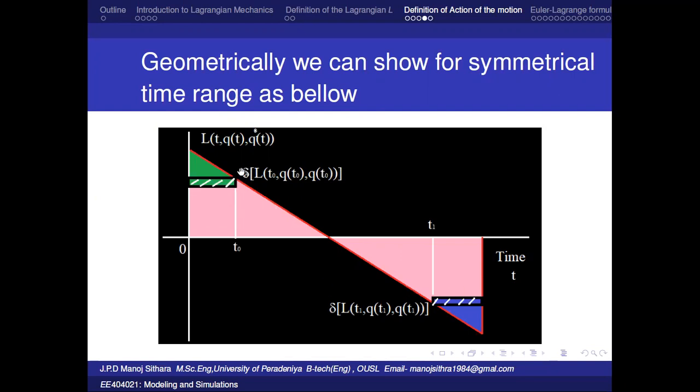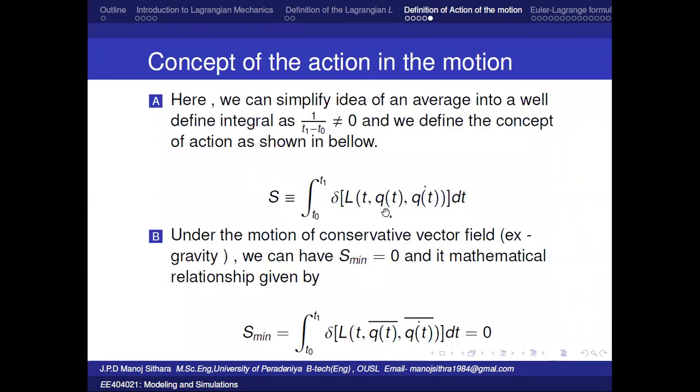The delta of the Lagrangian can be assumed for a very small portion of the Lagrangian value, right? So then we have been introduced a Lagrangian as the sum, or integration, of very small Lagrangians over the period, right?